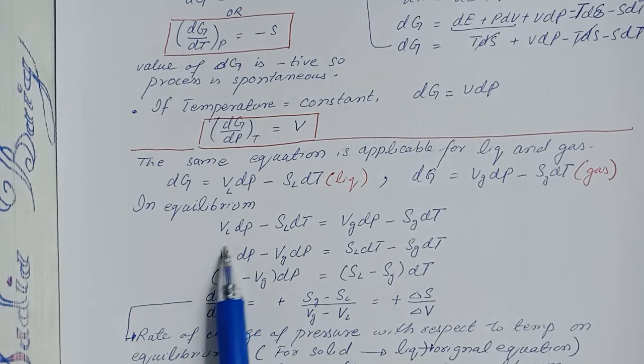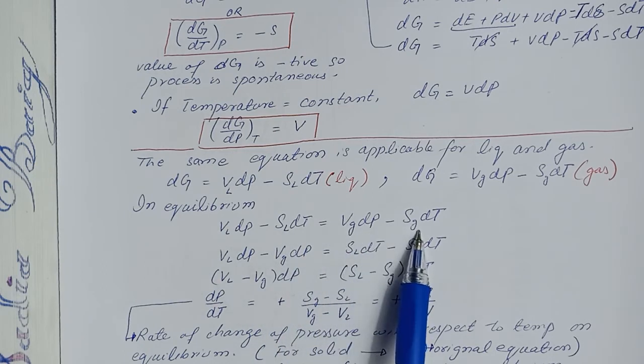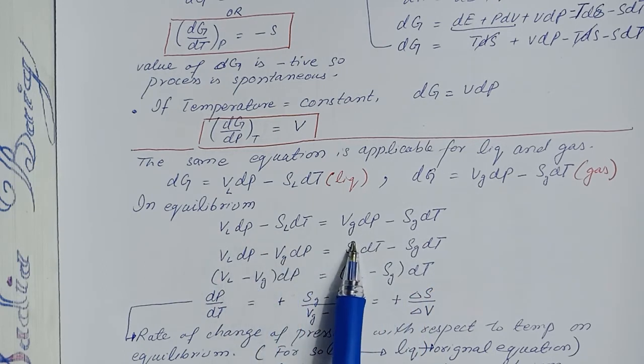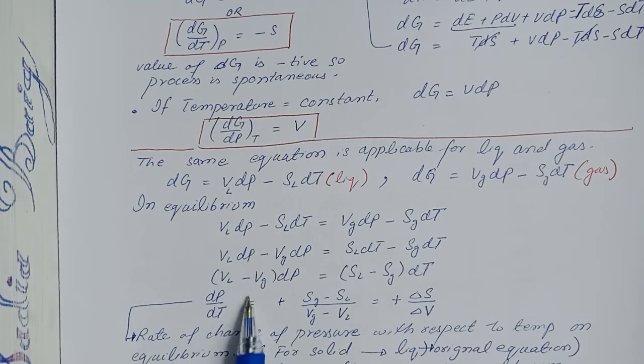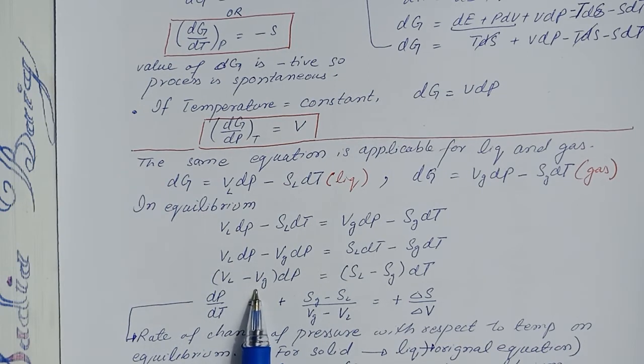So by comparing the values of Gibbs free energy for the liquid and for the gas phase, we get the equation, which can be rearranged to get the common factors, that are change in pressure and change in temperature. So here we have the volume of liquid subtracted by the volume of gas, and the entropy of liquid subtracted by the entropy of gas.